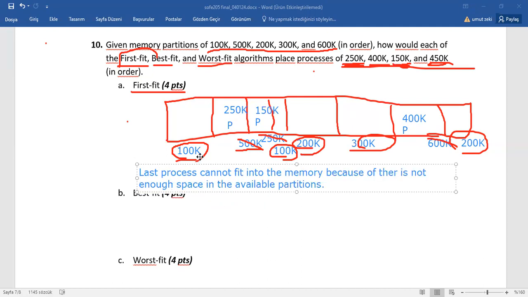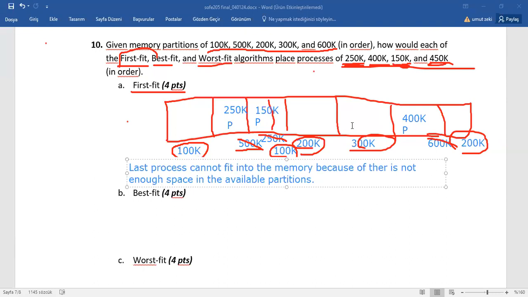In the questions, I will design them so that you can put all of them, so there will be no situation like this.